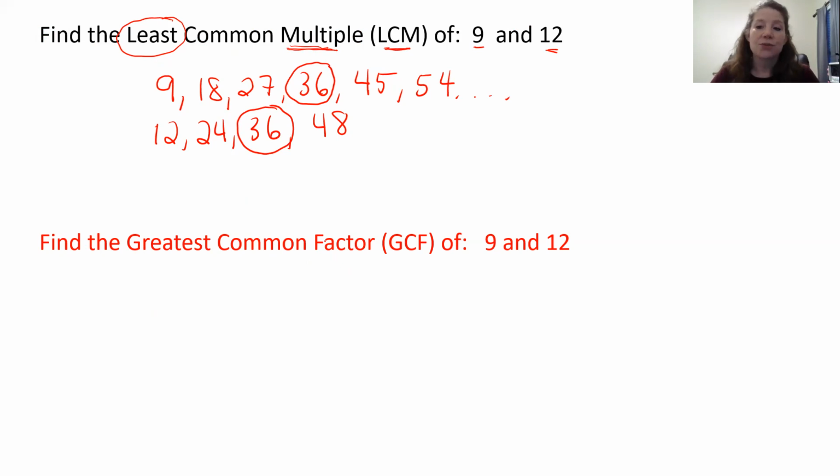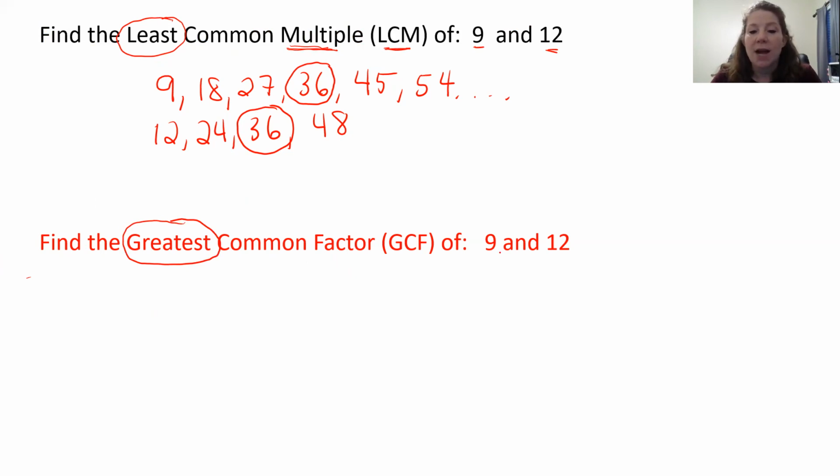Okay. Now, the other term that you'll need to know for this unit is greatest common factor. Now, factors are small numbers, right? You need two factors to make a product. So this time it's almost like the opposite. This time we want the biggest common factor. What do they both have in common?